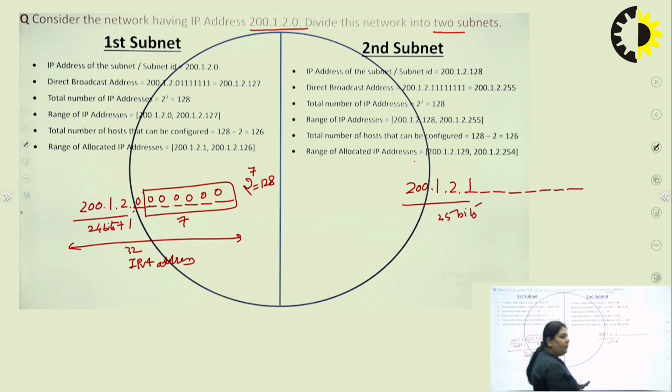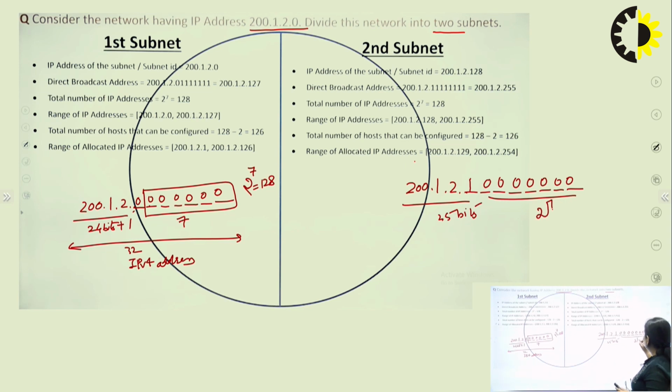Now for subnet 2, again 25 bits are part of the network ID. Next, again 0, 0, 0, 0, 0, 0, 0. The rest of the bits are again 2 to the power 7, which is again 128. Now consider this: for the host ID, the first ID will be 128.